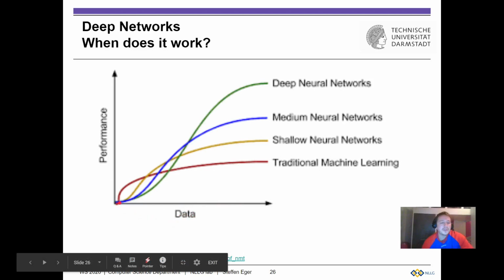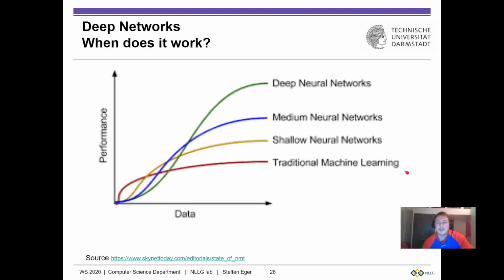If you have very little data, then you better go with traditional machine learning. Traditional machine learning could be defining rules by hand, or using linear functions, or using something called features, where you define features.